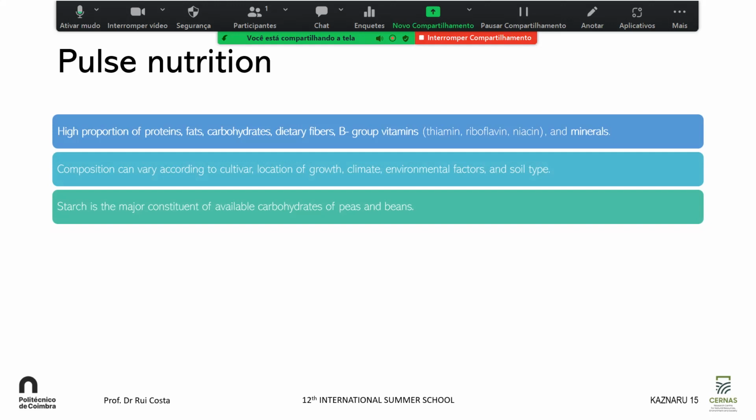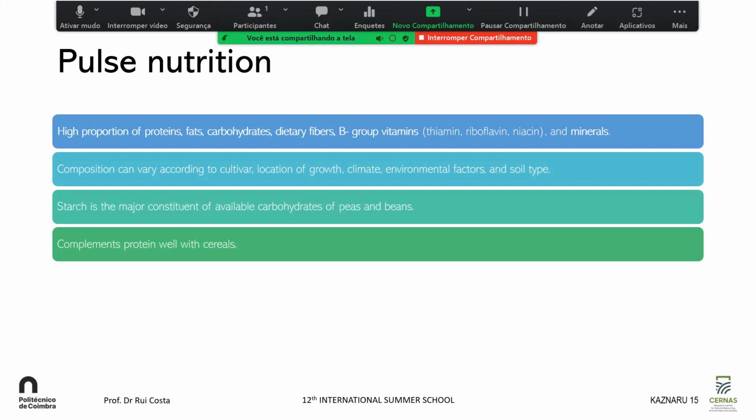So starch is the main constituent of pulses. It complements well with cereals. So in a meal for vegetarians, if you use a cereal and a pulse, it will balance the composition in terms of essential amino acids.